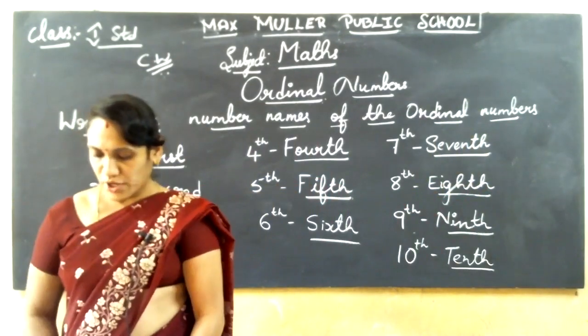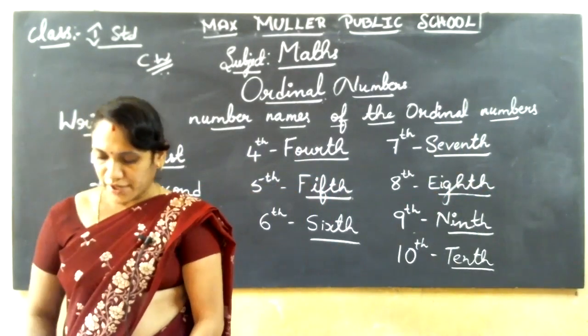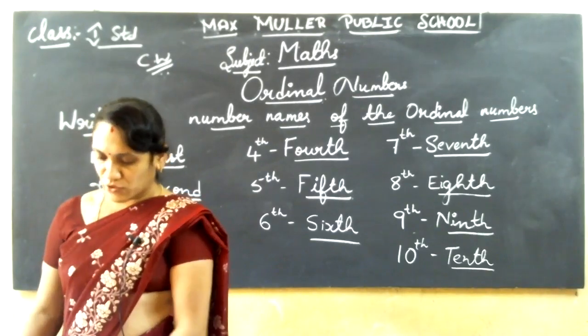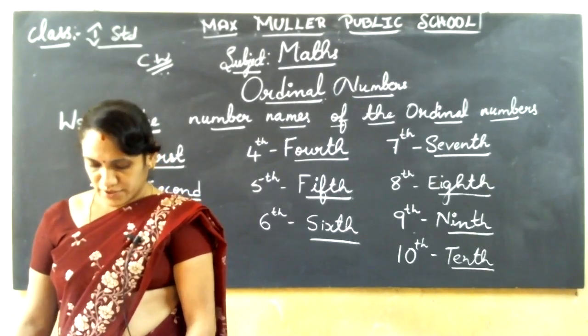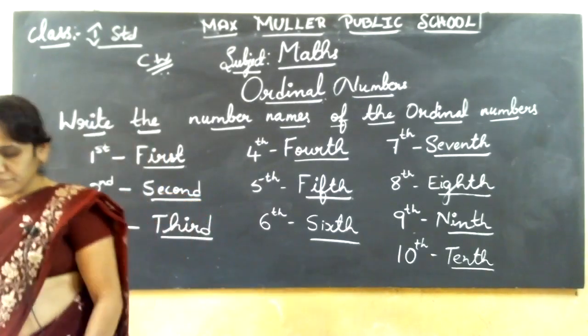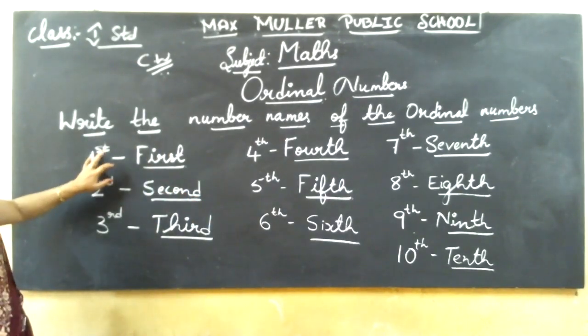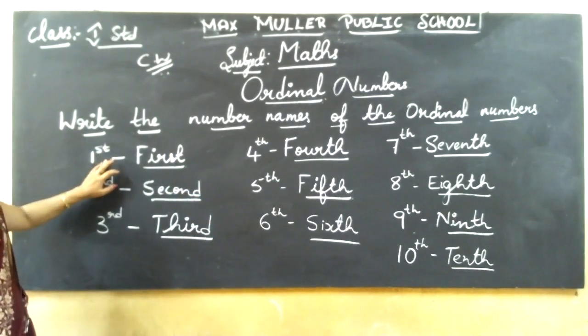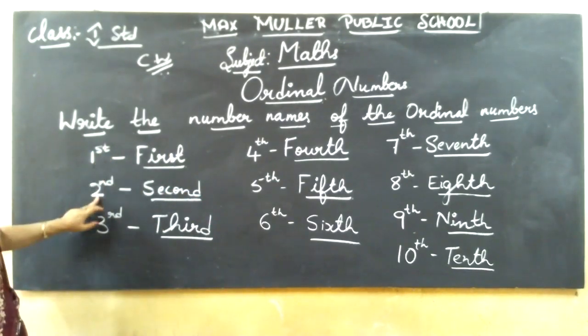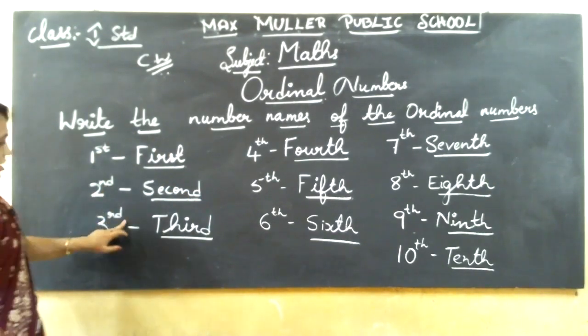So this you write in the classwork. I'll tell and give once again the spelling of the ordinal numbers. Okay. So if you write 1, that is a number. If you add ST for that, then it is known as ordinal number. We'll call it first. For 2, we'll add ND. That is second. For third, RD you will add.